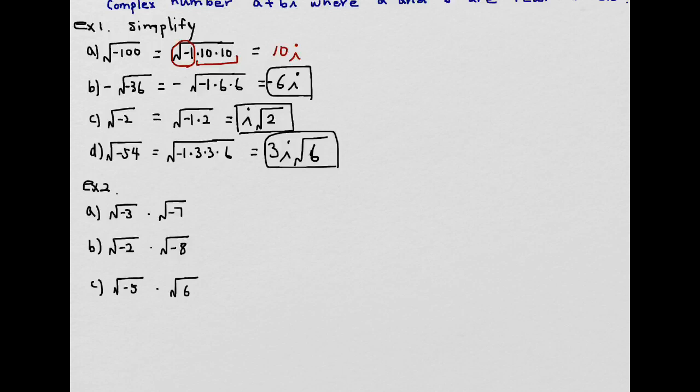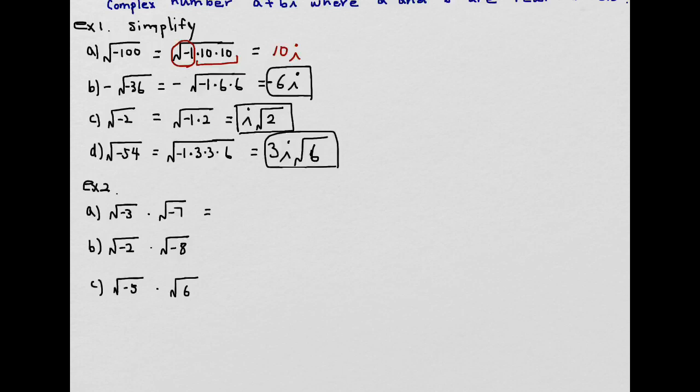What about if we have multiplication? The first thing you want to do with multiplication with not a real number, when you have a negative inside of the square root, is simplify it and change it to the imaginary unit first. You cannot do multiplication or division, even addition or subtraction, if it's not a real number.